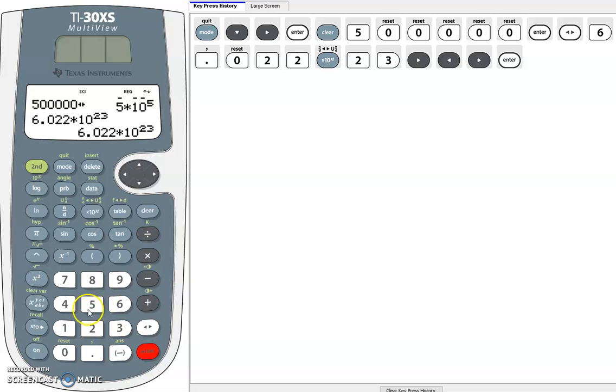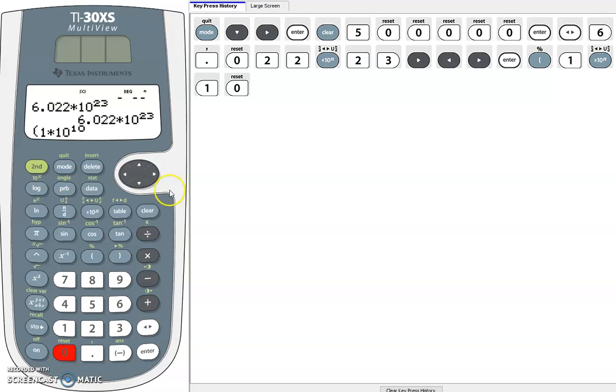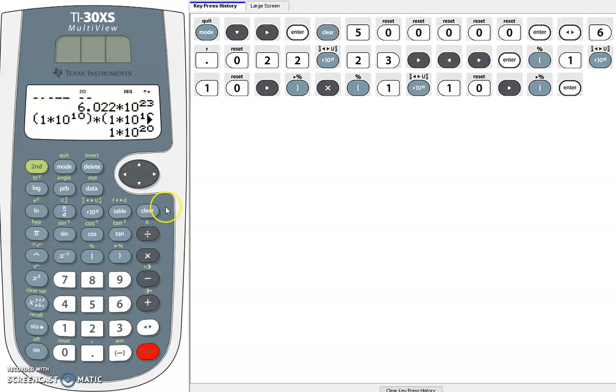But let's say I wanted to do 1 times 10 to the 10th and multiply it against the same number. What I would do here is I would say 1 times 10 to the 10th. I'd hit my right arrow key, put the parenthesis, multiply it times that 1 times 10, end parenthesis. Then I get my number.